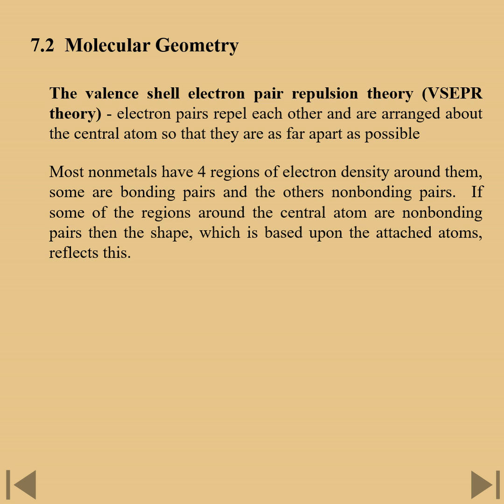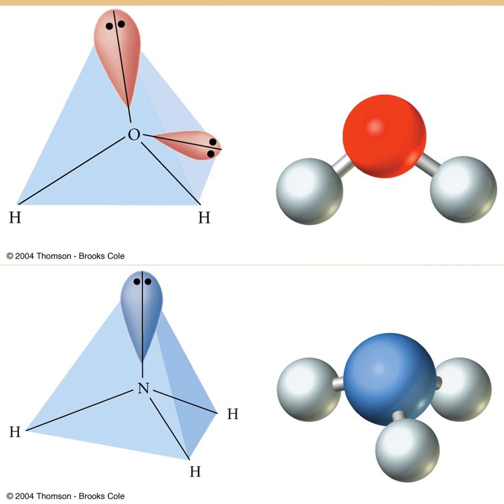Now I say resulting shapes because if I have 4 regions of electrons around my central atom, but only 2 of them give me bonds, well, I'm really just looking at those 2 atoms that are bonded, because that's what was telling me the shape. So here, let's go ahead and look at water, and the illustration on the left shows us the 3-dimensionality of that tetrahedral shape.